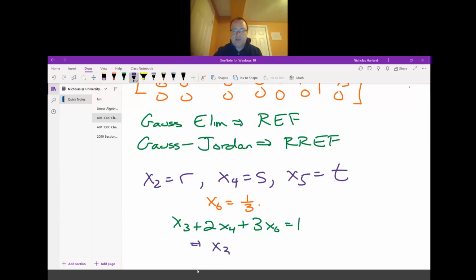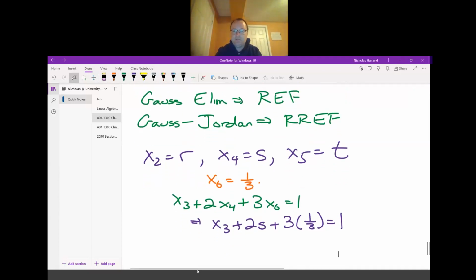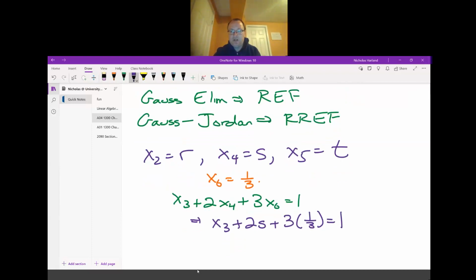So that's x3 plus 2 times x4, which is s, plus 3x6, so that's 3 times 1/3, is equal to 1. And now we're back substituting the stuff we already knew in order to solve for x3. 3 times 1/3 is 1, so those 1's cancel. And so we get x3 is equal to negative 2s when we move everything else to the other side.